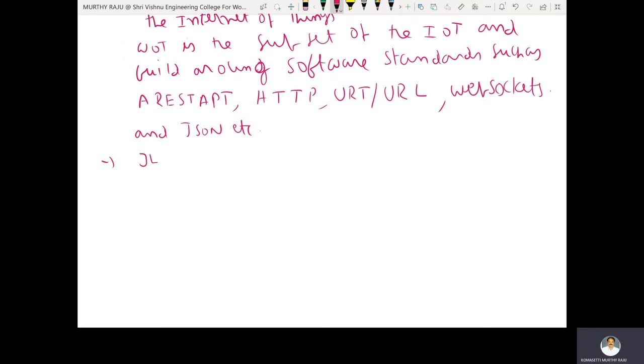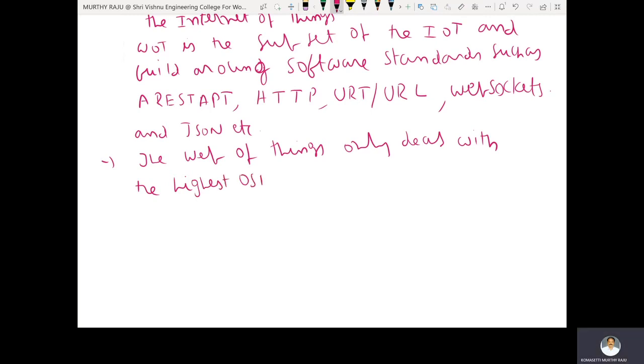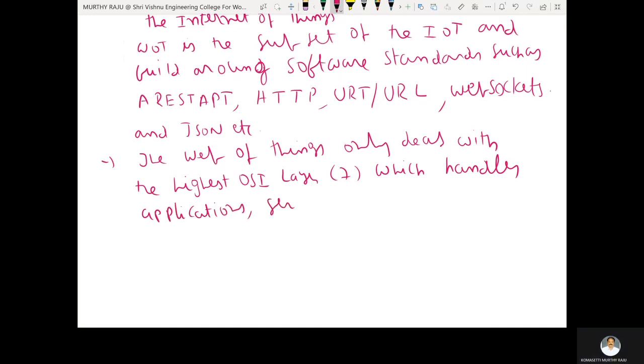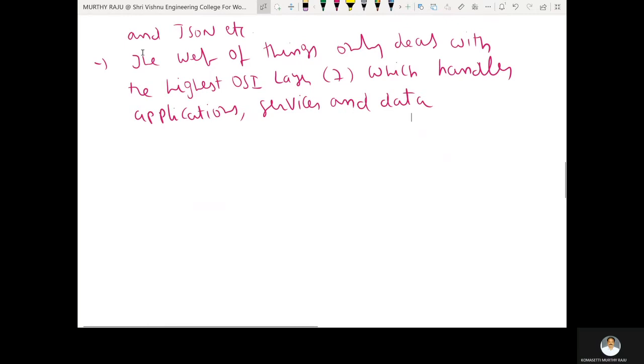Very important here, HTTP and HTML are also used. Okay, REST API.